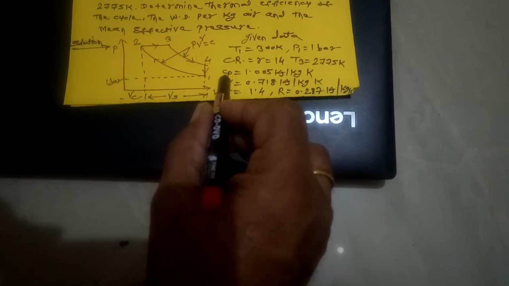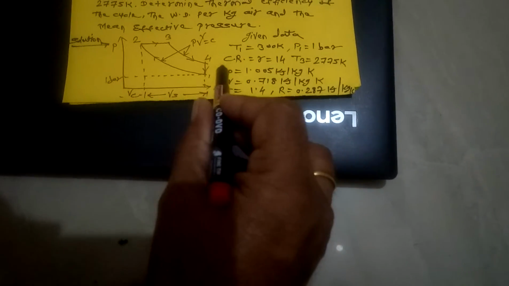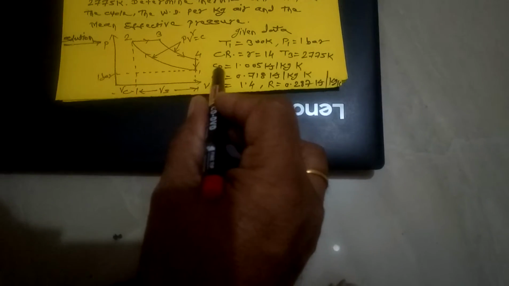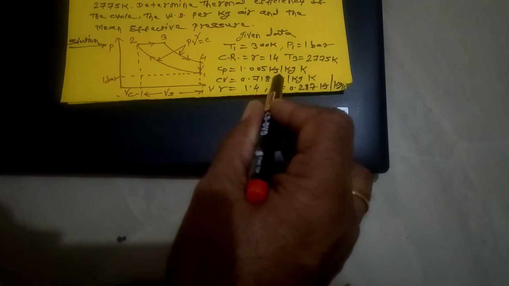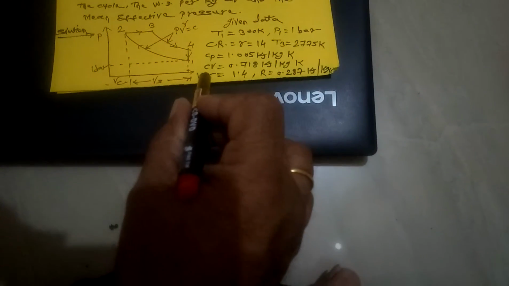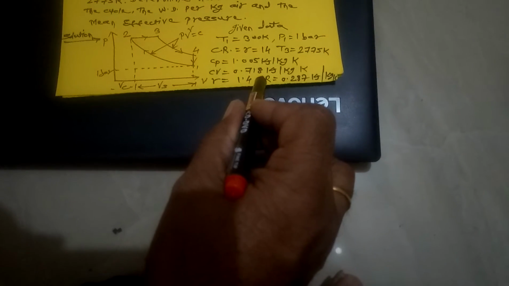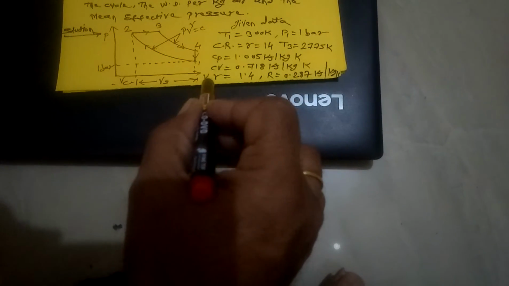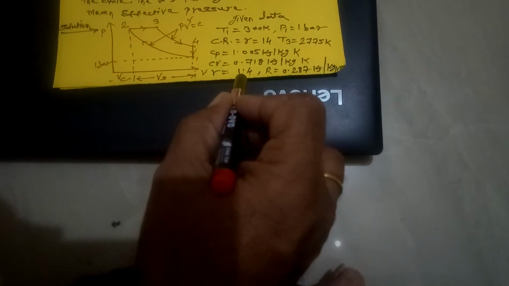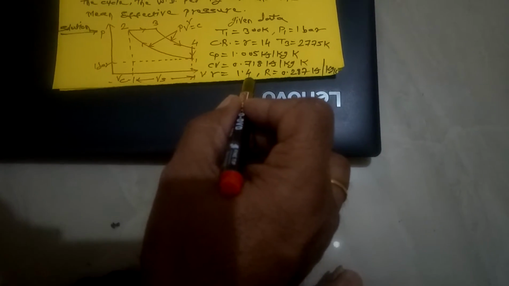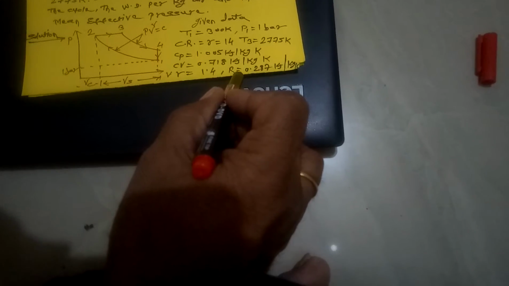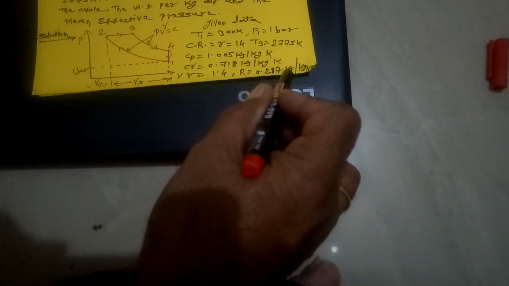These are the standard values we have assumed to solve the problem. Cp 1.005 kilojoule per kg Kelvin, Cv 0.718 kilojoule per kg Kelvin, gamma, the adiabatic index, that is for air 1.4, capital R, the gas constant, 0.287 kilojoule per kg Kelvin.